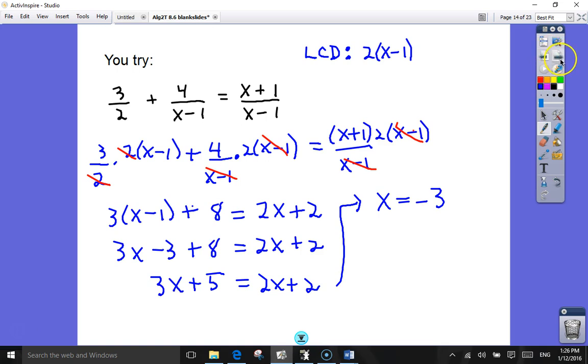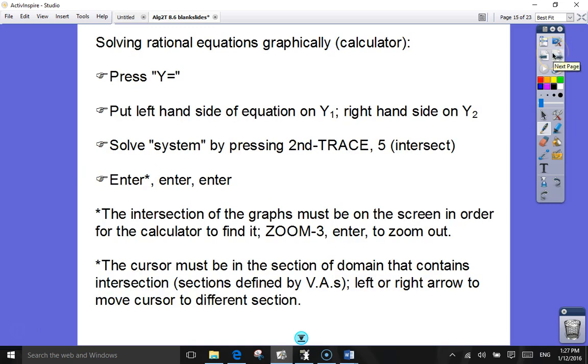Now, I was going to show you something with the calculator then, okay? Because you can solve these equations. It says we're supposed to solve graphically, and by graphically means you should be able to put them in the calculator and solve them. And what it means is, this is going back to something that you did before, which was called systems of equations.